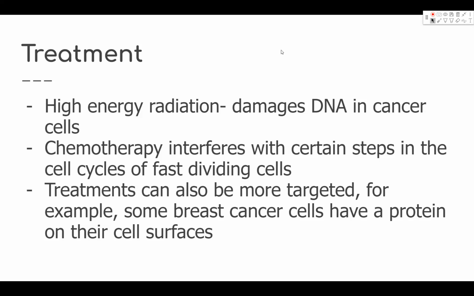It interferes with those cell cycles, and those cells stop dividing and can even die off. That's why people who undergo chemotherapy lose their hair and have a lot of stomach issues, because hair follicle cells grow really fast. And chemotherapy doesn't know the difference between a fast growing hair cell and a fast growing cancer cell.